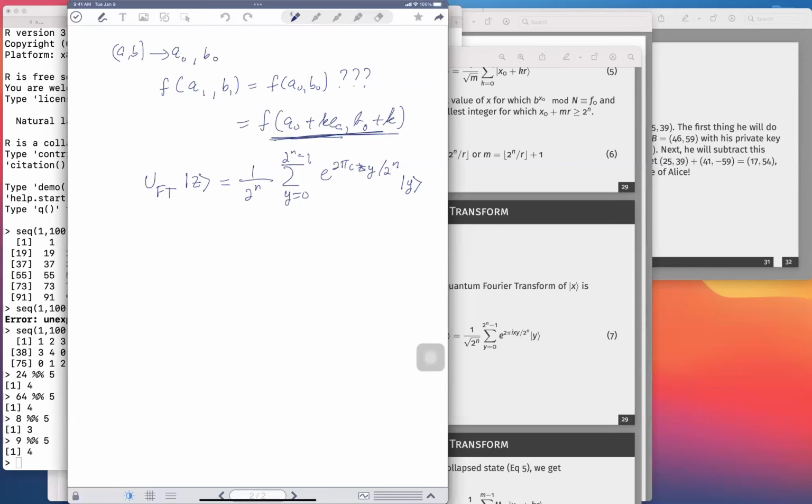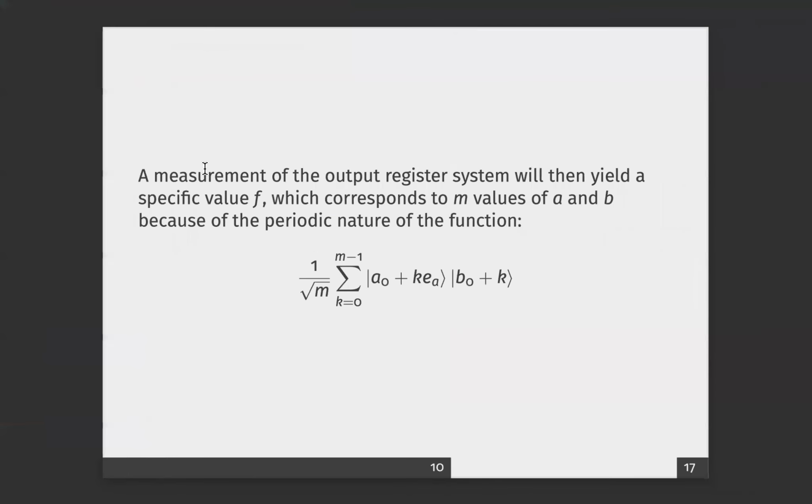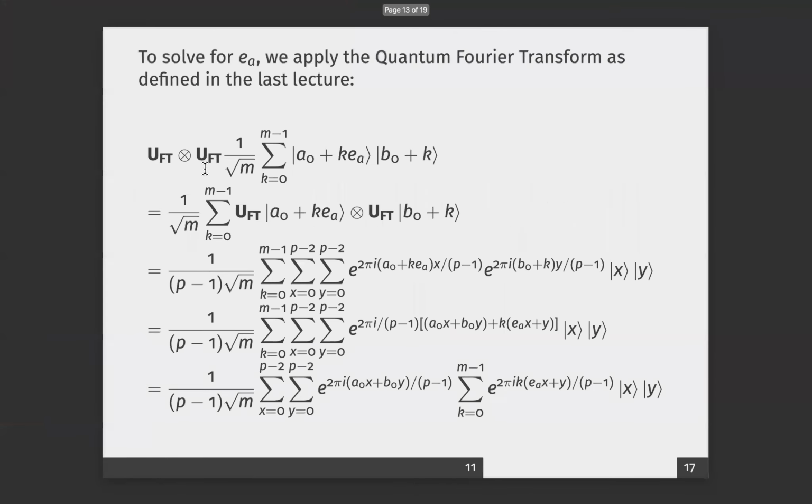Now, if we apply that to this one, there's a lot of mathematics here, no? But it's actually quite easy to expand.